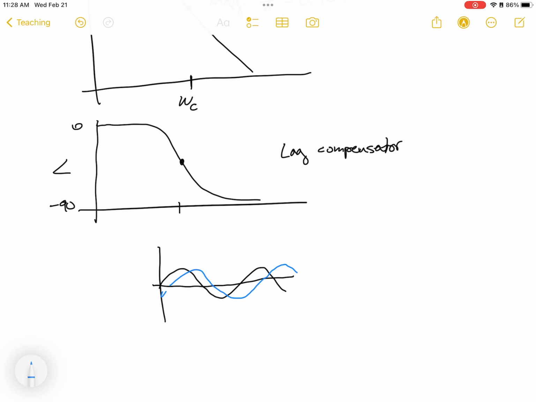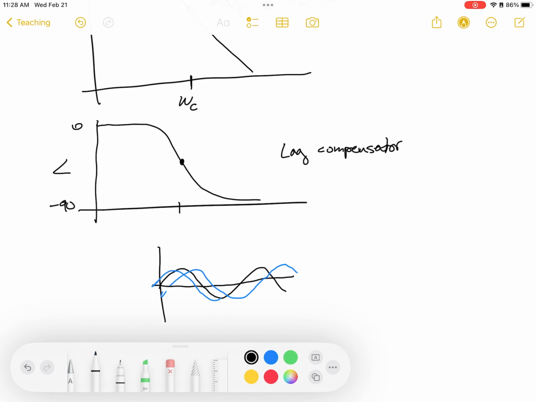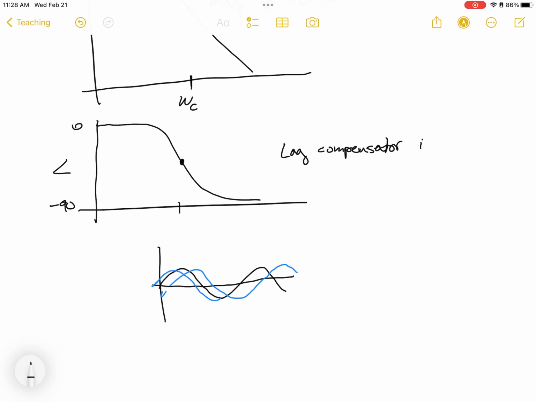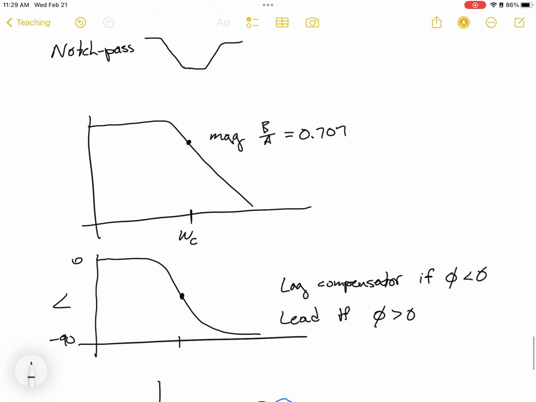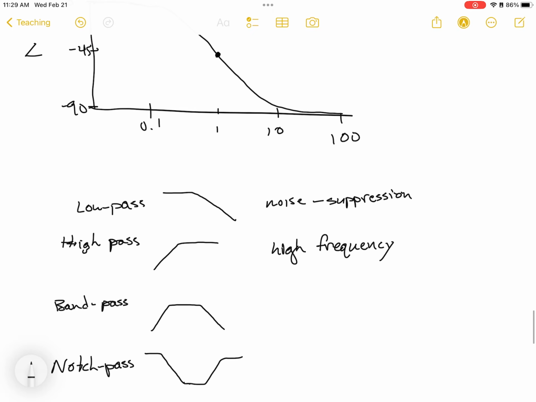A lead compensator allows you to help predict what's going to happen, so the same thing happens before your input does it. And that just depends on the phase. So a lag compensator, if your phase, I'll just write phase as phi, is less than 0. Lead if phase is greater than 0. We'll go ahead and end that video right there.